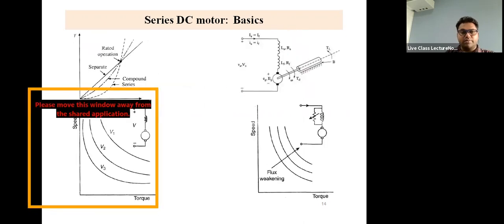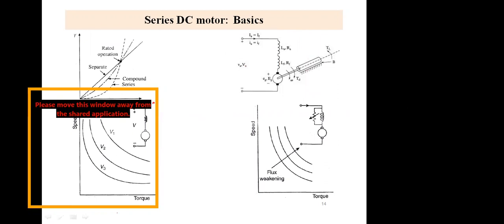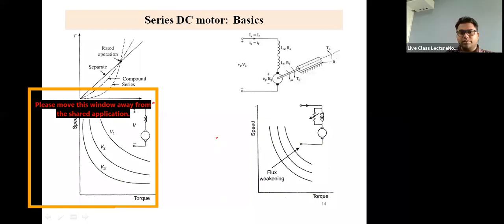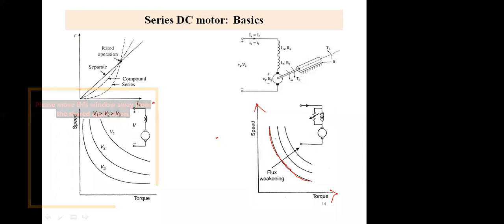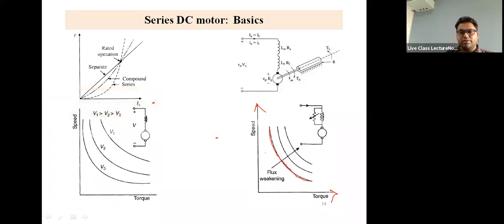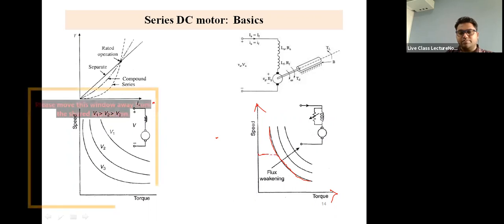So if you draw it properly, sorry about the application, it's not getting removed. So this would be the speed and this would be the torque and this would be the nature of the graph. This is the flux weakening zone. That is, it is going into a sort of constant power zone. Say if it is at this point, point A, what is the speed here?